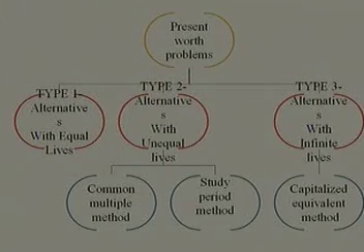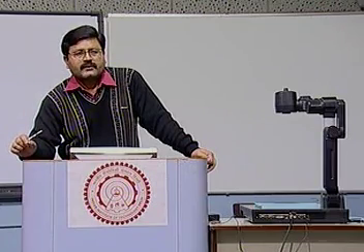Now, in type 2, you will find alternatives with unequal lives. The statement of problem could be something like this: brand A of equipment, the manufacturer claims that it will last for 7 years, whereas brand B produced by manufacturer B, let us say, has a service life of 10 years.